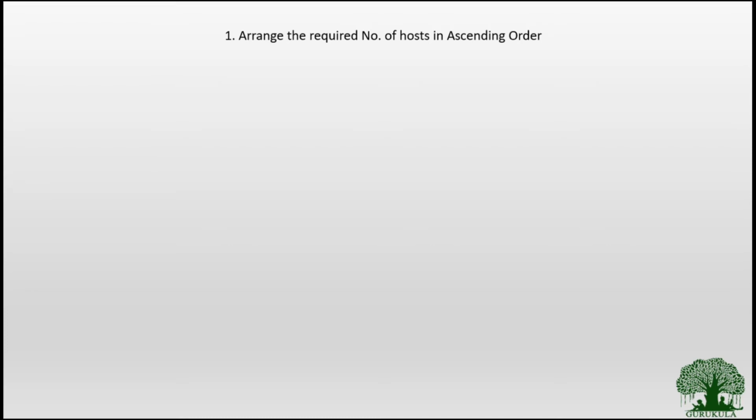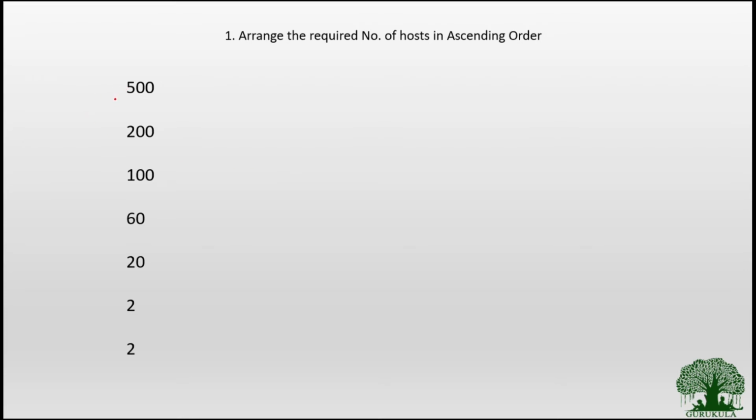The first and foremost step is to arrange the required number of hosts in ascending order. Actually, that should be arranged in descending order, I'm sorry for the typo. That has to be arranged in descending order, which means the largest number first, starting from the largest and keeping on getting smaller.